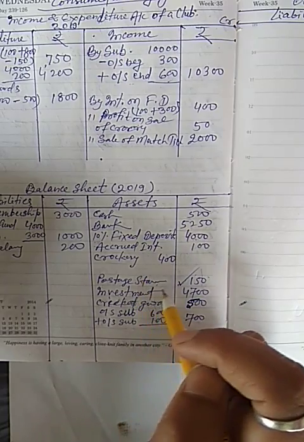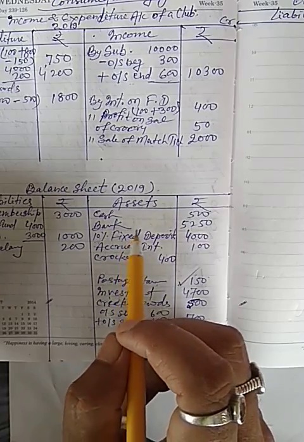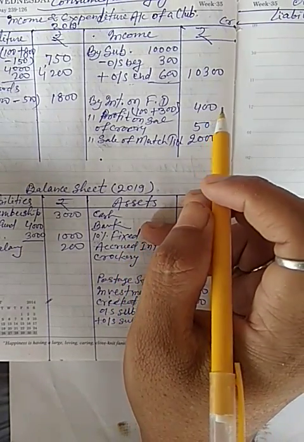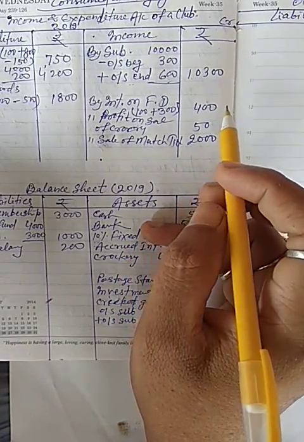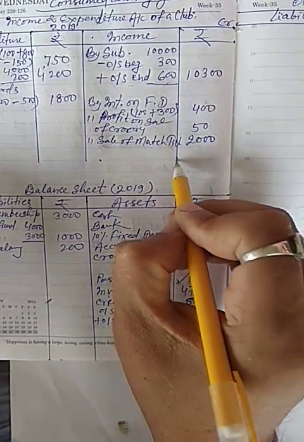Now nothing is left in the question, so I will calculate the balance of the income and expenditure account first.